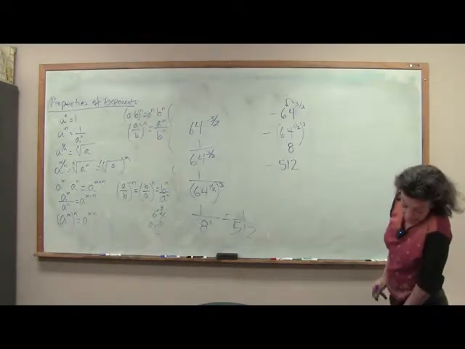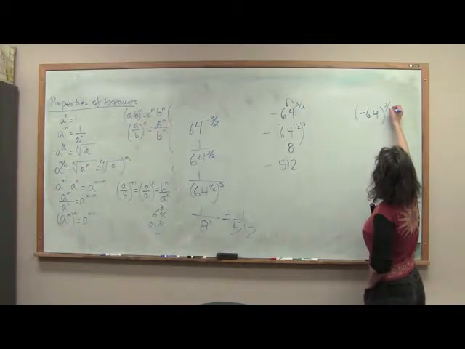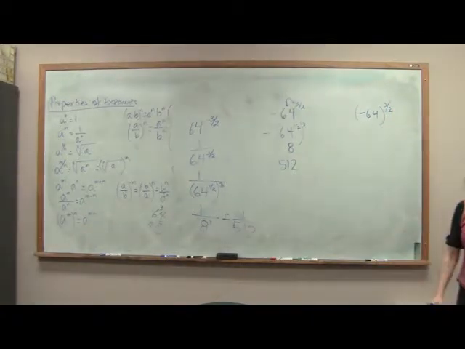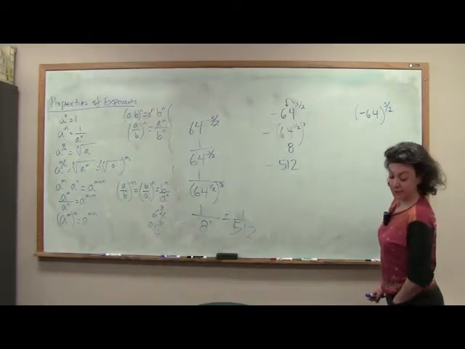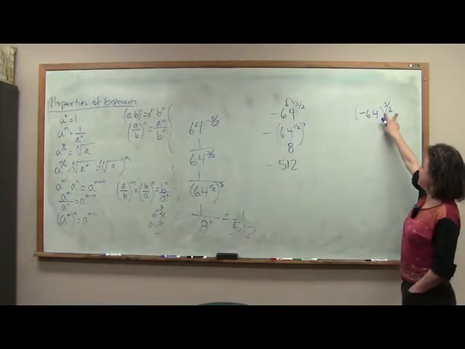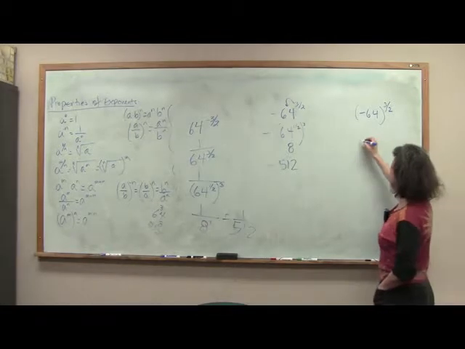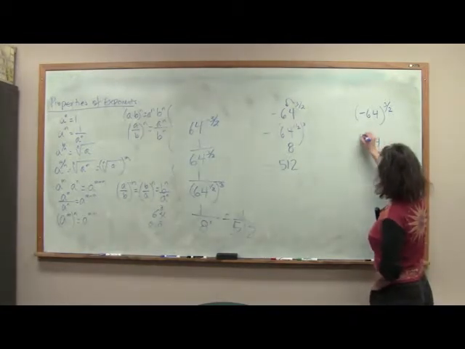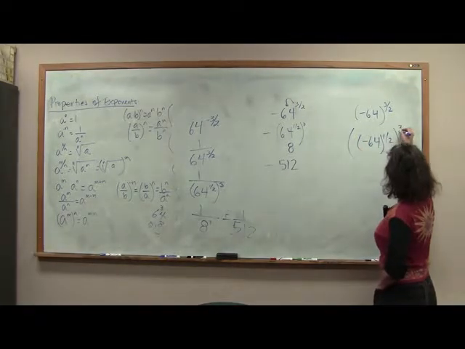On the other hand, what if I had this? What would this lead us to? Well, now, since I have parentheses, my exponent applies to absolutely everything inside. So I have negative 64 to the 1/2 power cubed.